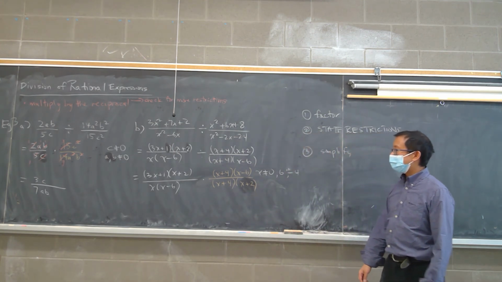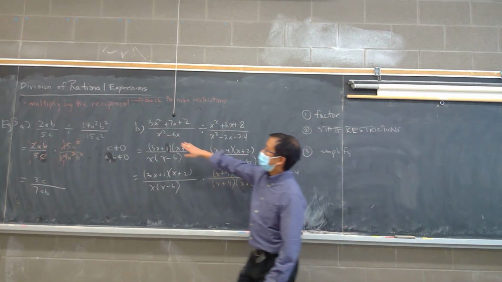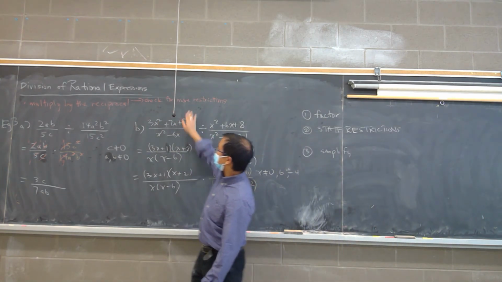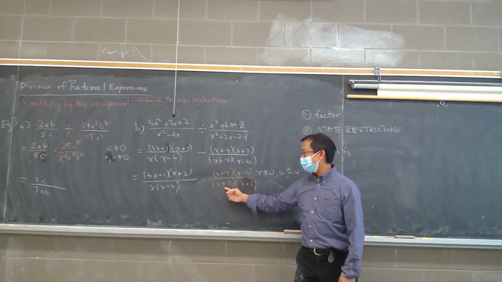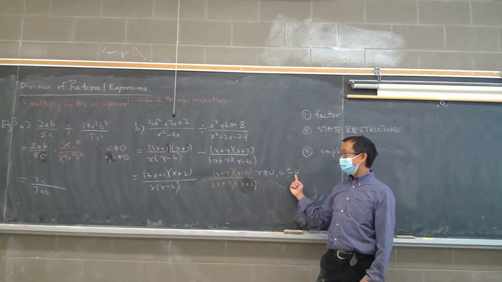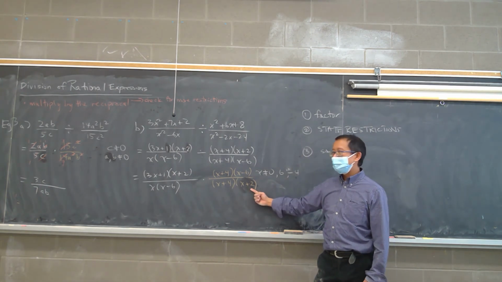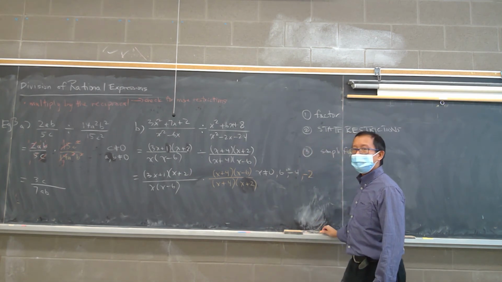So we have x plus 4 times x minus 6 over x plus 4 times x plus 2. But notice, always check for more restrictions. So usually a lot of students realize, oh, look at these denominators. Well, this x plus 4, that's negative 4, right? We're good. However, there was one more restriction. Negative 2.